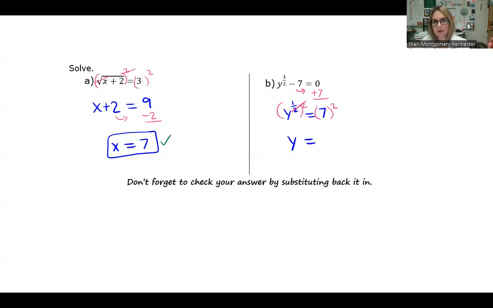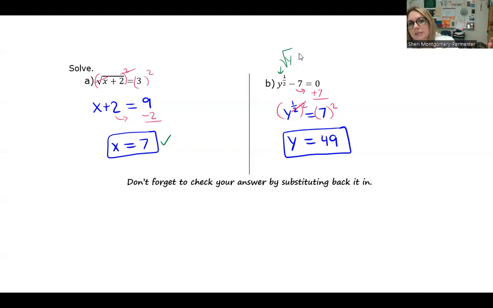And then 7 squared. What's 7 squared? 49. If you were to check that back in there, we should remember that this right here is the same thing as y squared, because that denominator can be written out in front and it becomes your index.